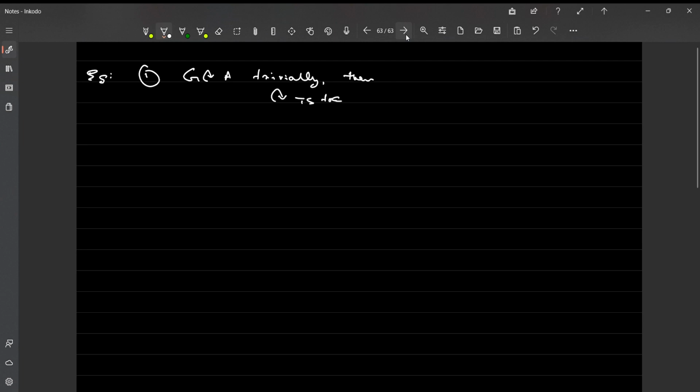If G acts on a set A trivially, then notice that the action is transitive if and only if A has only one element. This comes directly from the definition of being transitive and trivial action. Clear?